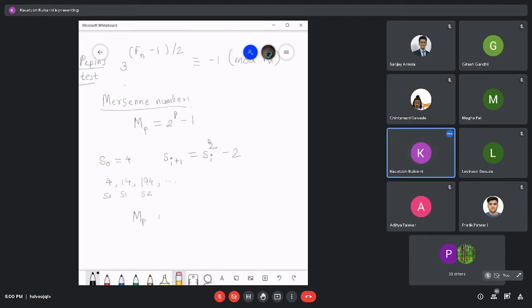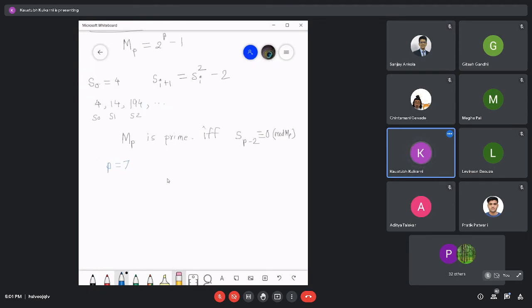Now MP is prime if and only if S of P minus 2 is congruent to 0 mod MP. For example, if P is 7, we are generating primes now.